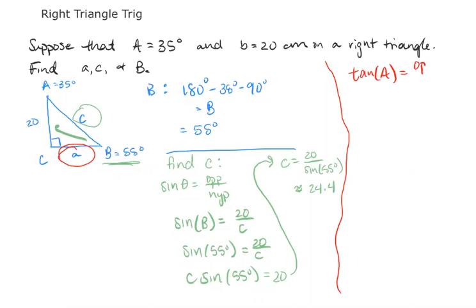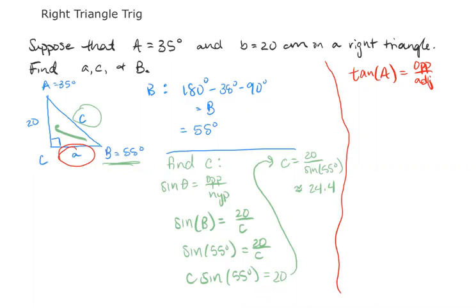That would be opposite over adjacent. You could also use, let's see, what would get us to A? You could use sine of A, which would be opposite over hypotenuse, and use the C value you just found.